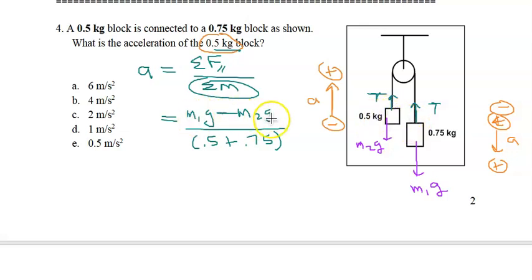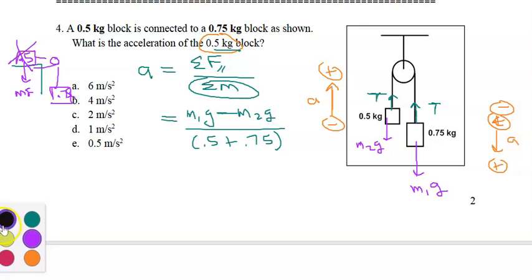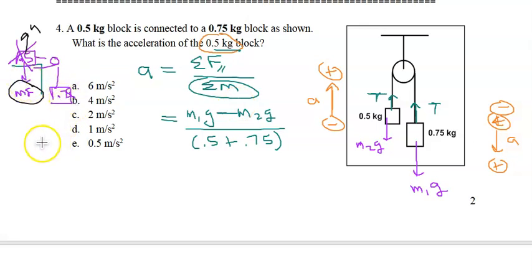The numerator, in this case, the weights are competing, but if the 0.5 was on a table and the 0.75 was hanging over the edge with a pulley system, you would not subtract this guy's weight because this guy's weight is perpendicular to the motion. So be really, really cognizant of when the weight is in your numerator and when it's not, and why.